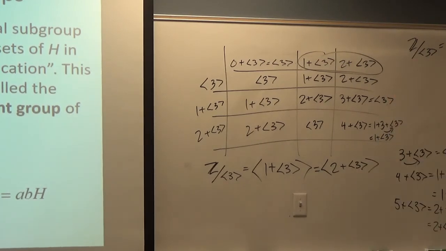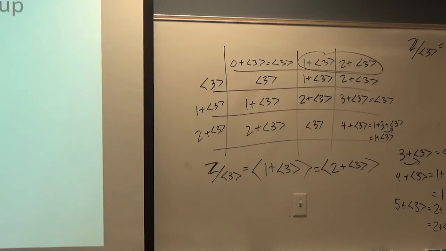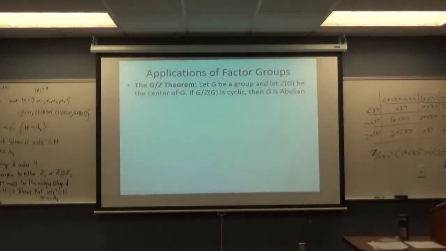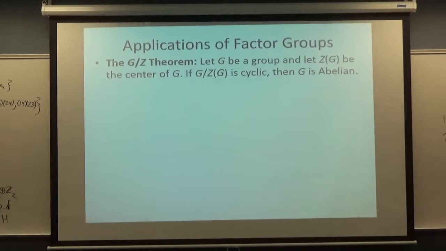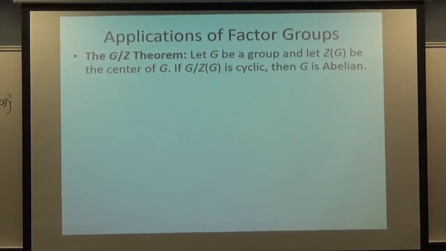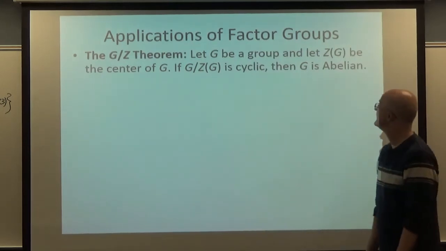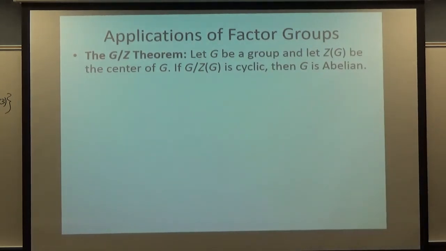Almost out of time. Let me just end by giving a few applications, so to speak. We'll go into more depth on Wednesday. There's something called the G/Z theorem that says if the factor group G by the center of G is cyclic, then G actually has to be abelian, which is actually kind of strange if you think about it.